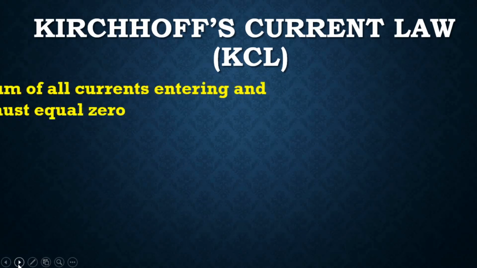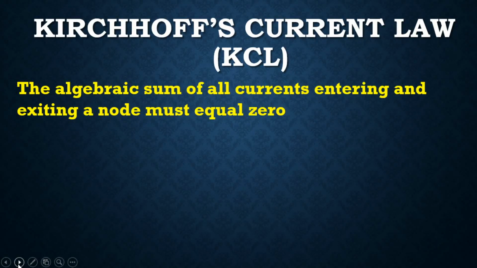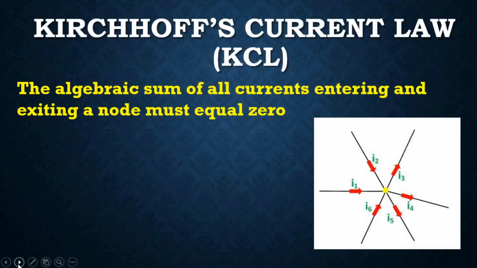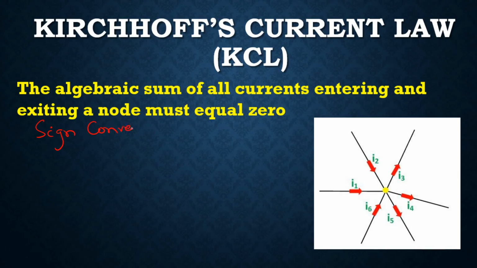The definition of Kirchhoff's current law is like this. The algebraic sum of all the currents entering and exiting a node must be equal to 0. So if I take a diagram which contains 6 currents and I am using a sign convention, you have to use a sign convention every time you use KCL or KVL.